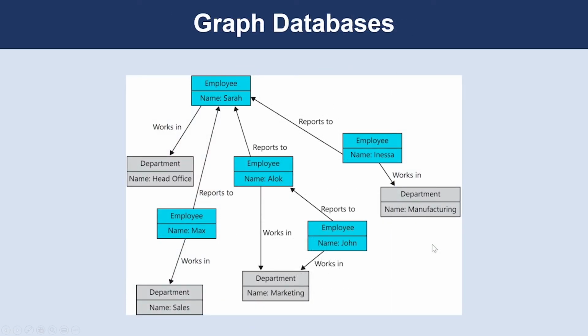Now let's look into graph databases. A graph database stores two types of information: nodes and edges. You can think of nodes as entities and edges as the relationships between nodes. Both nodes and edges can have properties that provide information about that node or edge, similar to columns in a table.